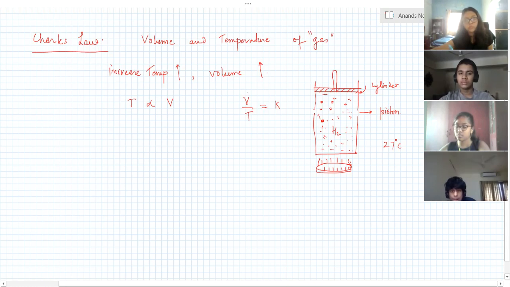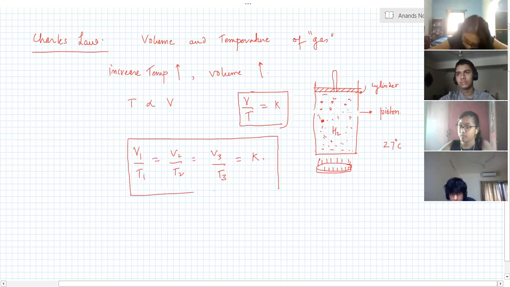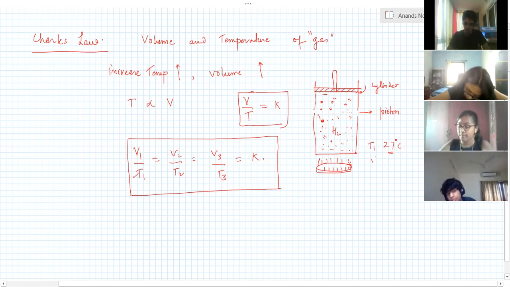Just like we could come out with a relationship for Boyle's law, we can say that V1 by T1 is equal to V2 by T2 is equal to V3 by T3. All of this will be equal to K. That means he's saying, you take this gas, hydrogen, and you give a temperature, 127 degrees centigrade, and note down the corresponding volume. That is your T1 and V1.